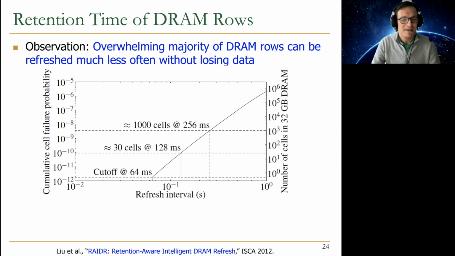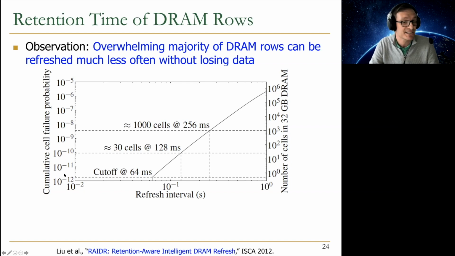Okay, so let me go into the solution a little bit more, at least the solution that we have proposed. Basically, this is real data from real DRAM chips. And the observation is that an overwhelming majority of DRAM rows can be refreshed much less often without losing data. So let's take a look at this data. This graph shows on the x-axis the refresh interval, how often you refresh basically. This is 64 milliseconds, as you can see. So assuming that you refresh every 64 milliseconds, you should not get any errors.